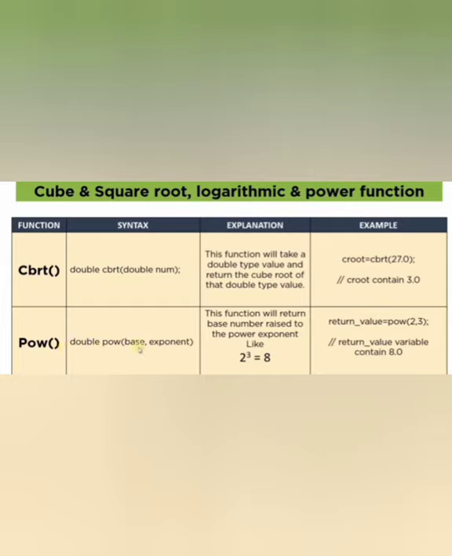That power function will return the power of a number. It always returns the double data type. It contains two arguments, one is the base and one is the exponent. See the example, double n is equal to pow(2, 3). It will return 8.0. The answer is 8.0 because it returns the double data type.